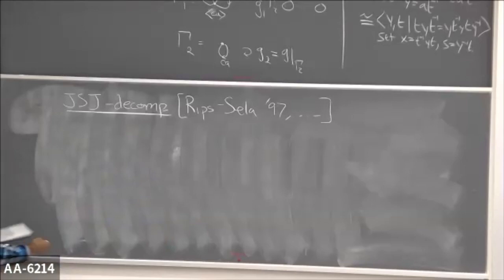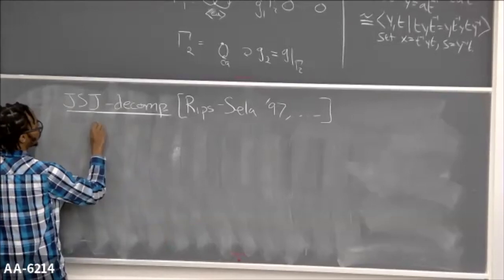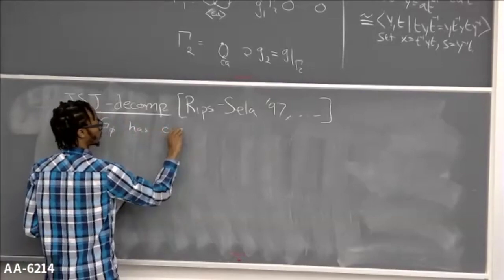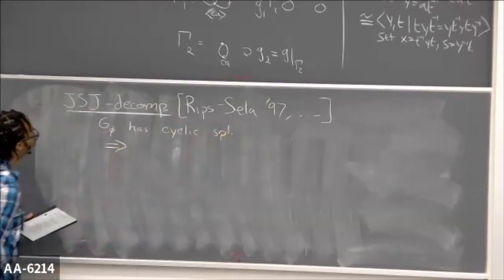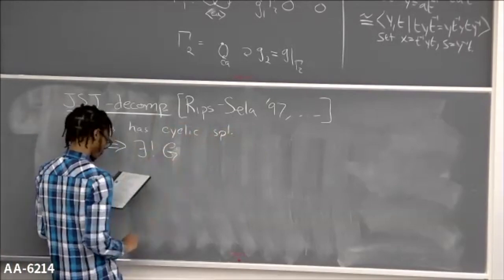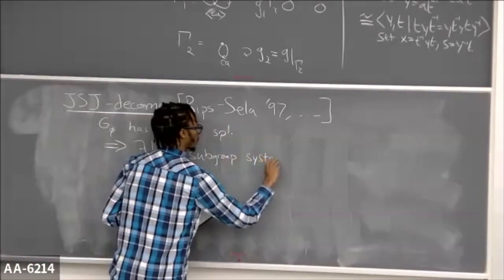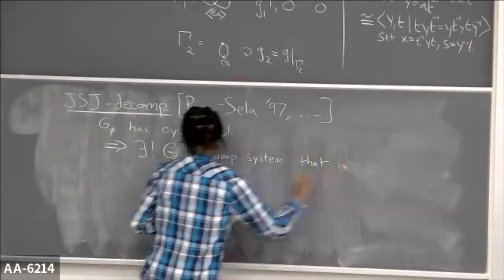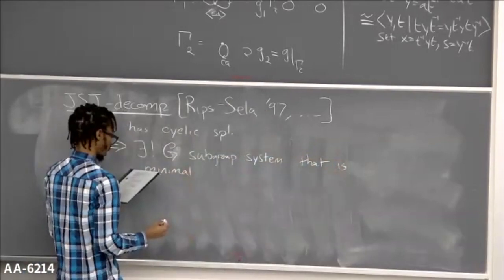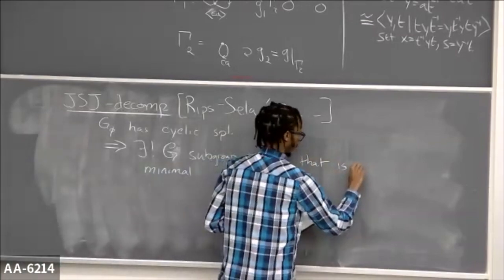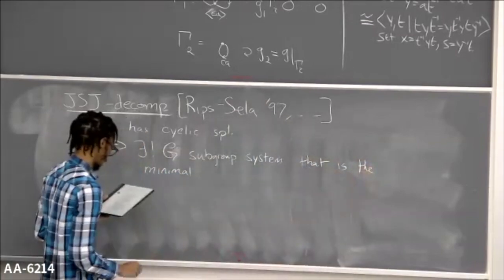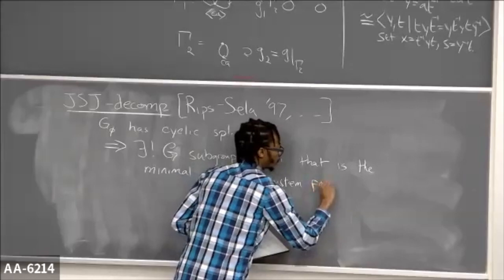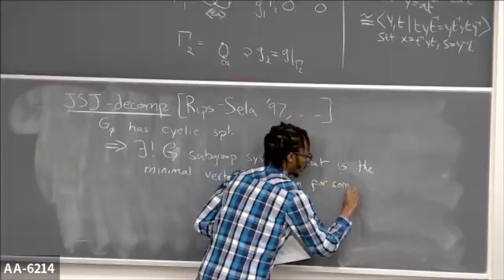In this specific case, if you assume G_phi has a cyclic splitting, then you can conclude that there exists some subgroup system, and it's unique, that is the minimal vertex group system amongst all cyclic splittings.